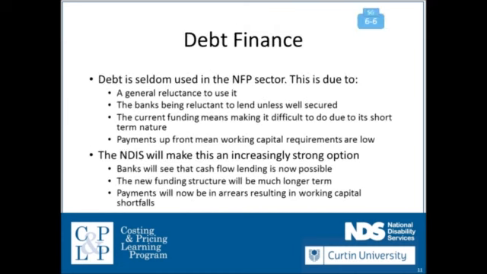In terms of those seasonal or other cash flow deficiencies you might identify over the next 18 months or 3 years, depending on how you undertake your cash flow planning, there are, of course, debt finance options that might need to be accessed in order to allow your organisation to weather a particular storm. I guess the key thing about debt finance is we haven't typically used it in the not-for-profit sector for a number of reasons.